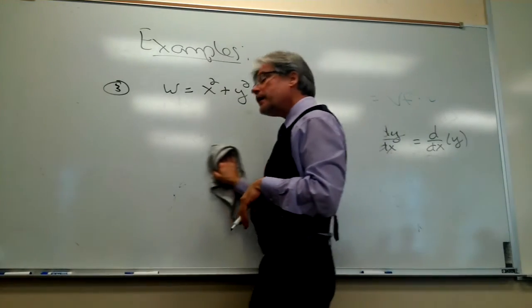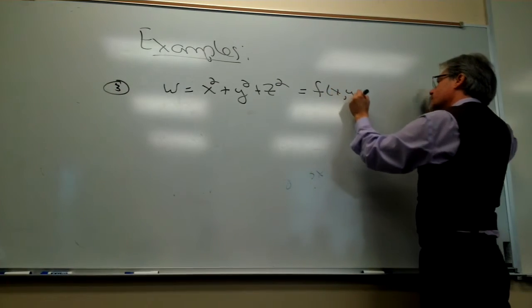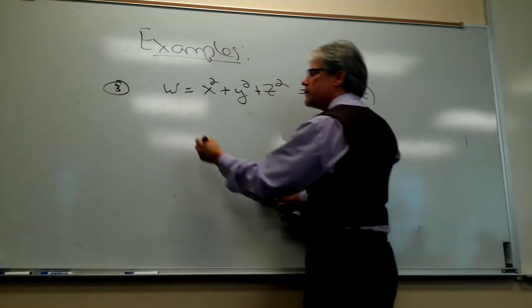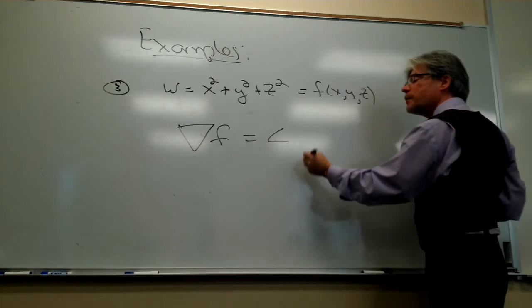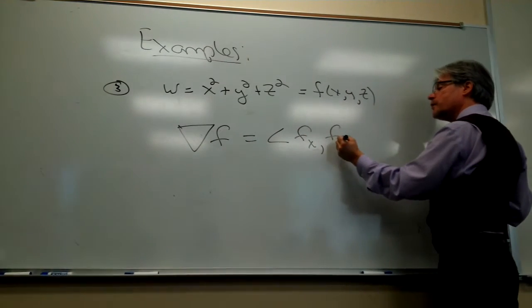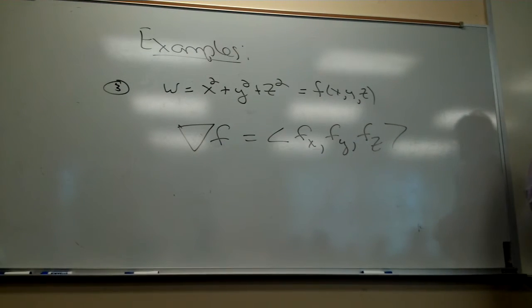But if I think of the output as some function in x, y, and z, I can just as easily talk about the gradient vector for f, because here it's nothing more than the partial of f with respect to x, partial of f with respect to y, partial of f with respect to z as individual components.